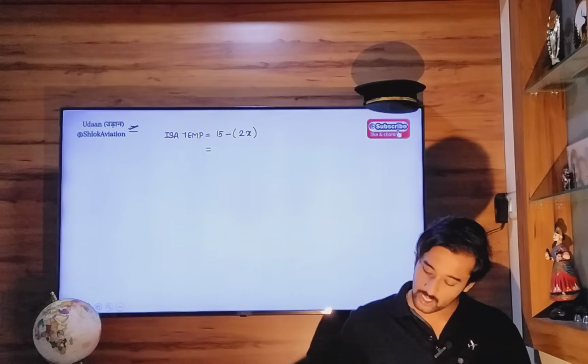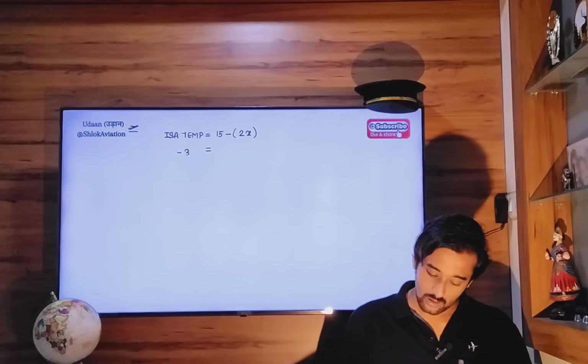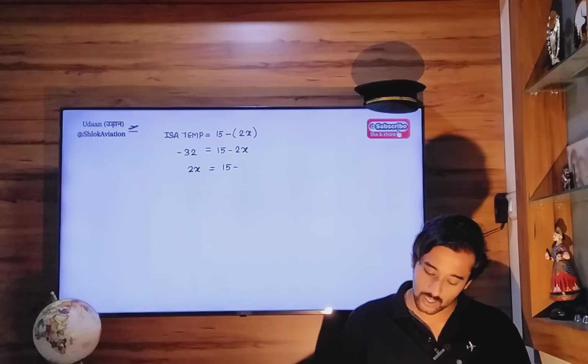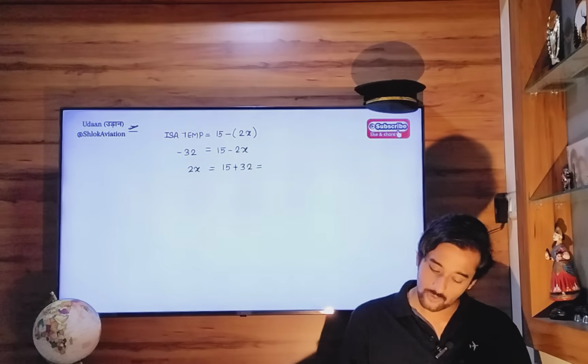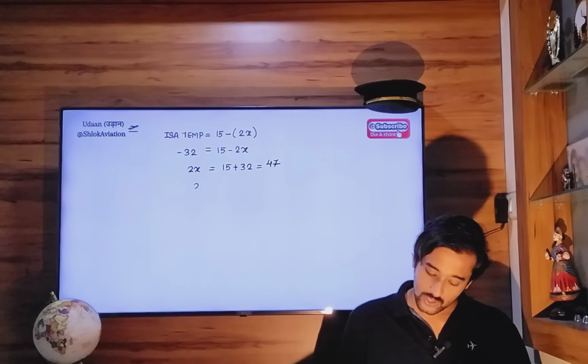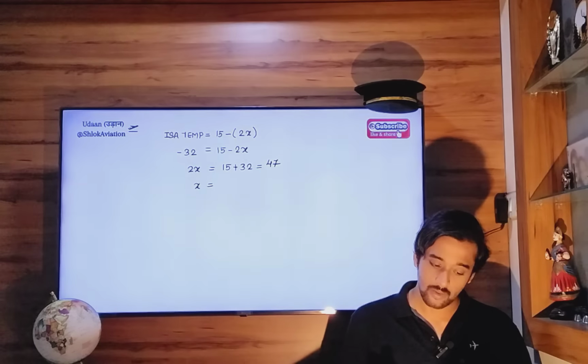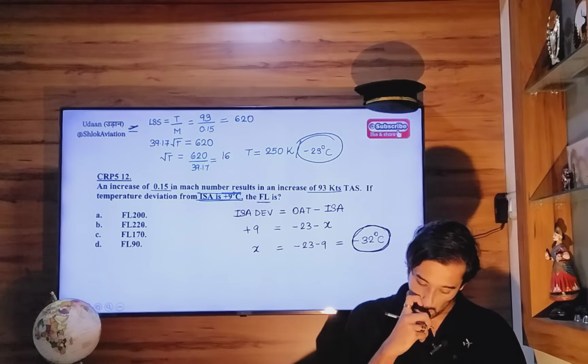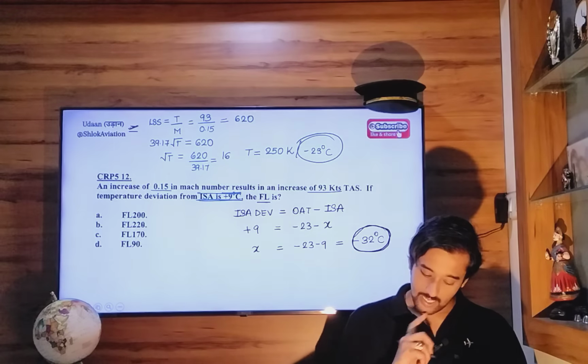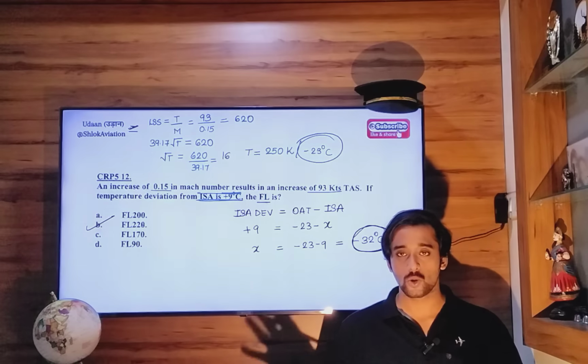So minus 32 equals 15 minus 2x. 2x equals 15 plus 32, that is 47. So x equals 47 divided by 2, 23.5 or 23,500 feet. Approximately, option Bravo, flight level 220.